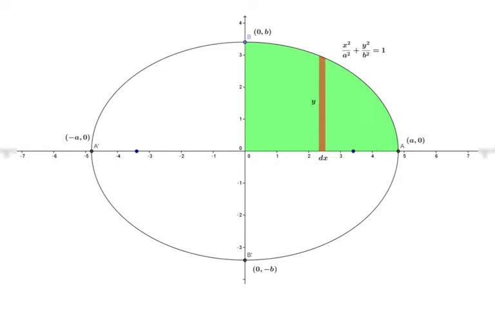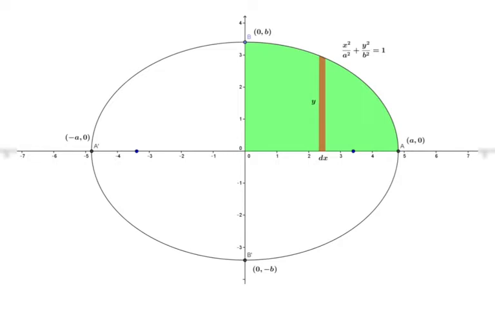So because it looks like a rectangle, we know now that the area of that strip is simply y into dx, length into breadth. So that is the area of the rectangle.